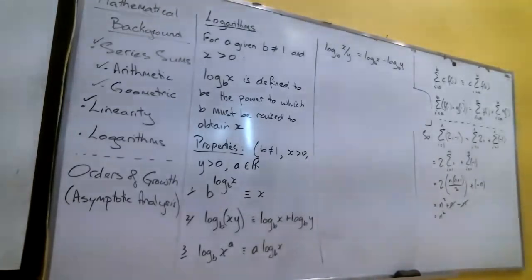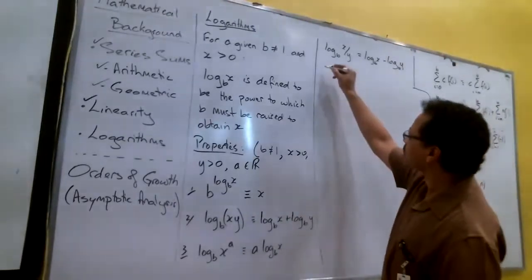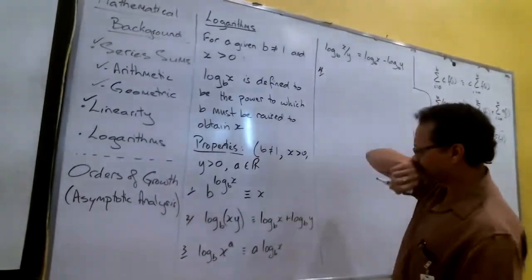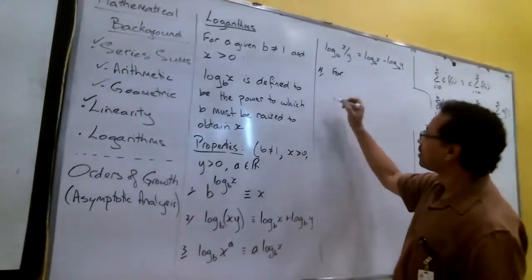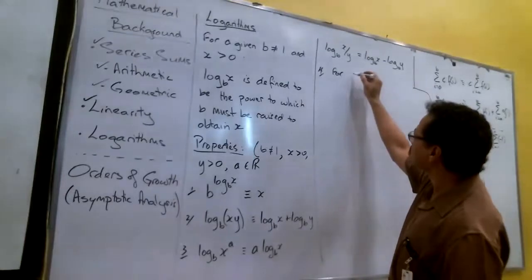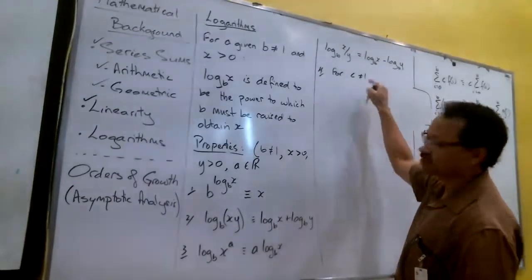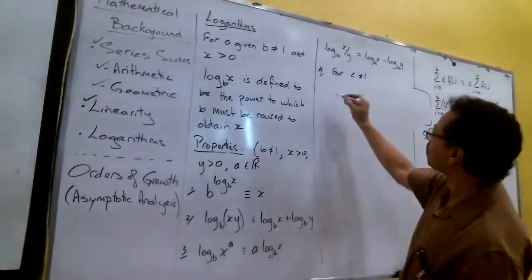Yeah. So we need a rule to change base, right? Now it happens that the following is true. So I'm going to introduce C as another base. So obviously for it to be a legal base, it can't be 1.